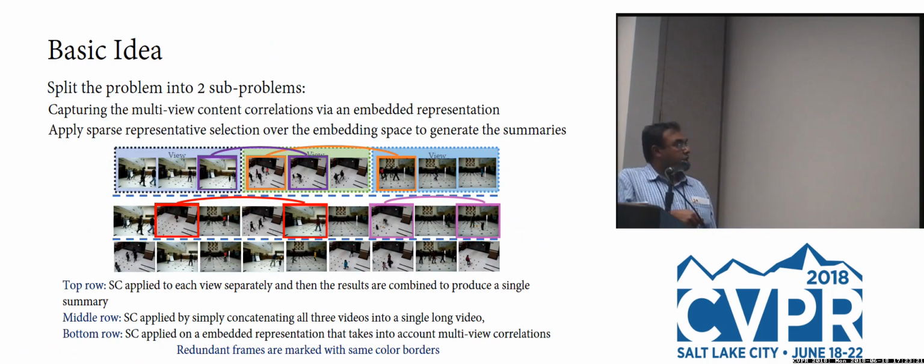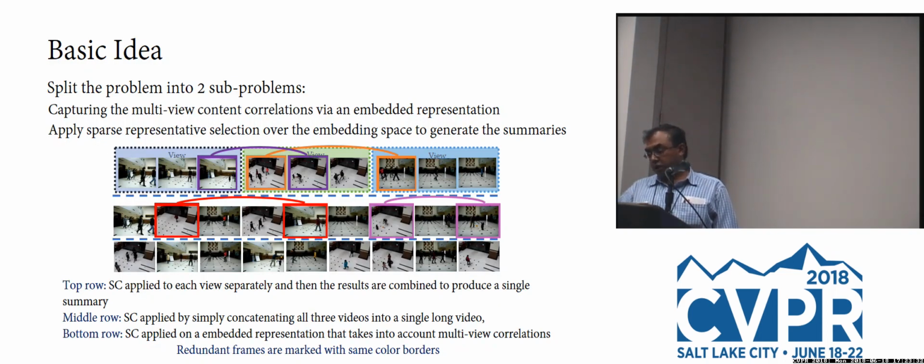The idea over here is to split the problem into 2 subproblems. First, we want to identify these correlation structures. These are not given to you. We don't assume they are. There could be cases where you have a calibrated network of cameras, and you actually know that correlation structure.